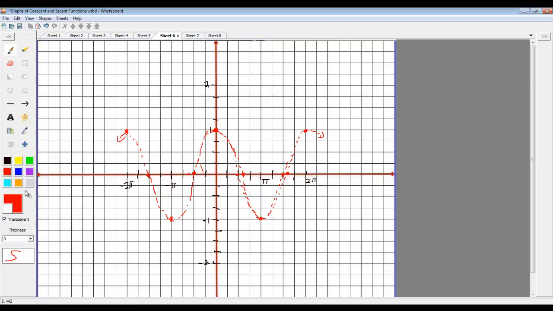Alright, so you get your cosine graph on there. And then, once your cosine graph's on there, you can take for your secant and say, well, every time I see it going through the x-axis, I know that I have a vertical asymptote there.